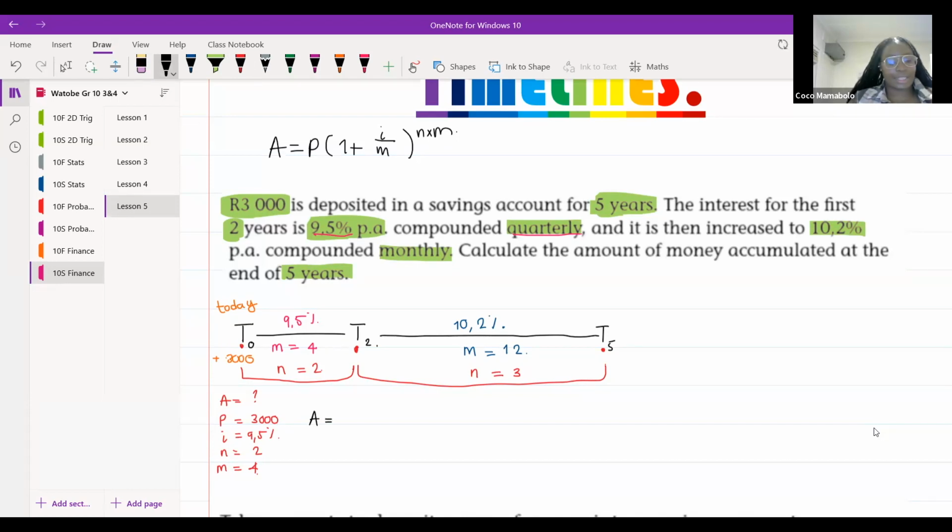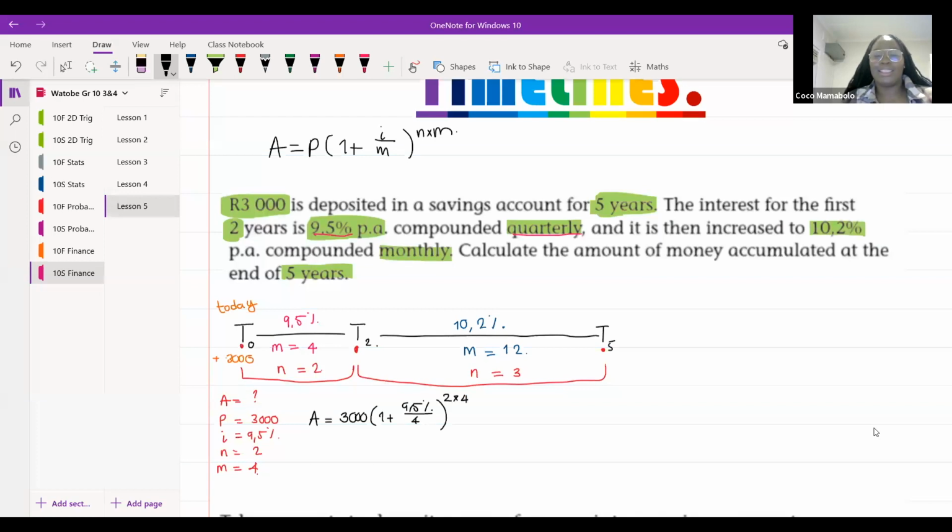Punch it into a calculator: $3,000, open brackets, 1 plus 9.5% over 4, all to the power of 2 times 4.